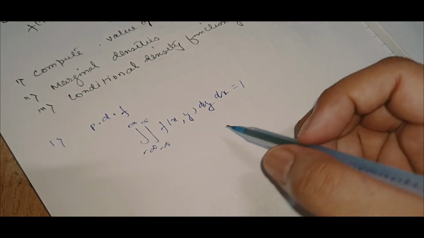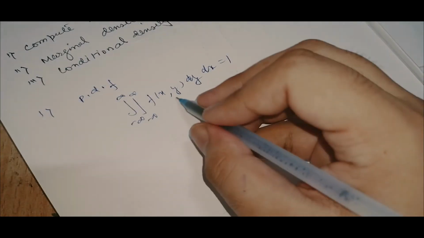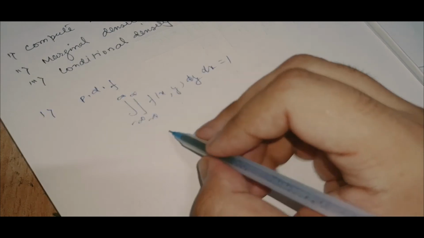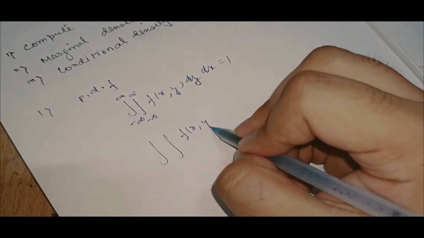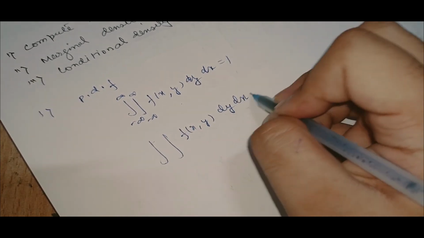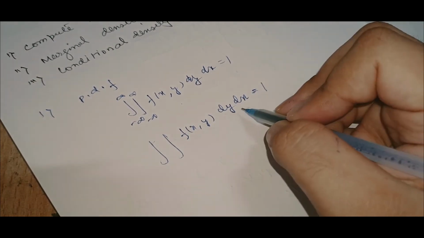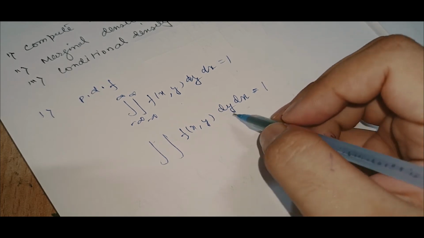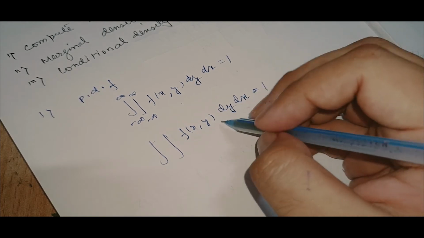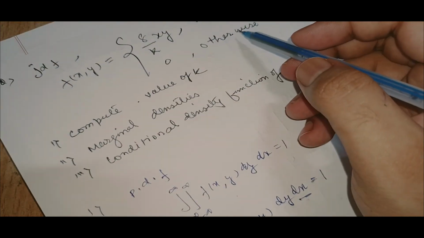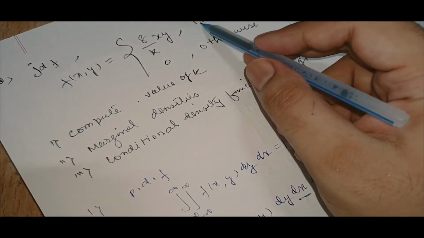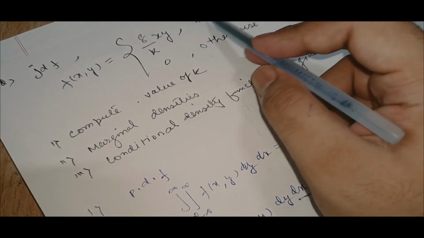Here the limit we need to change. So what are the limits for dy and dx? For x, what is the limit? For x, the limit is from 1 to 2.